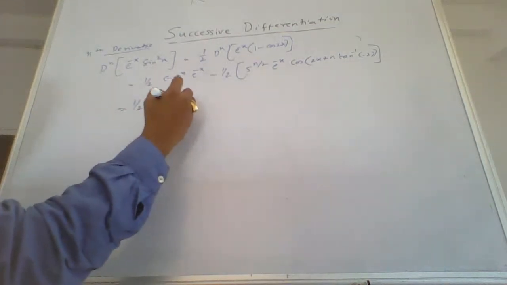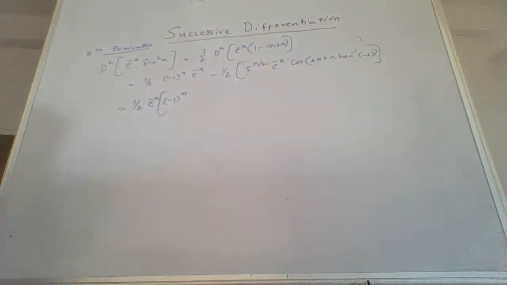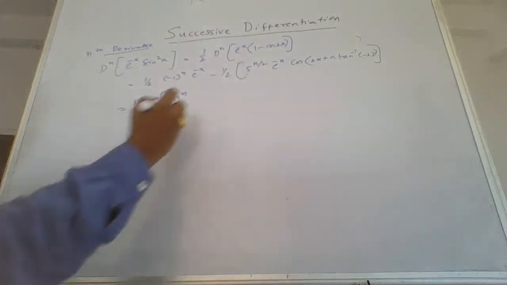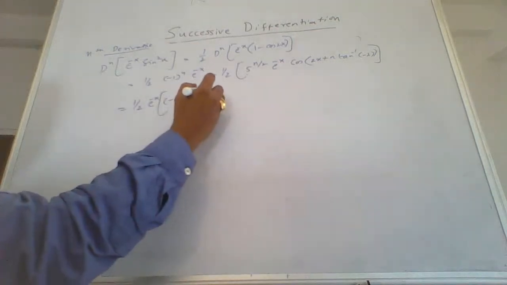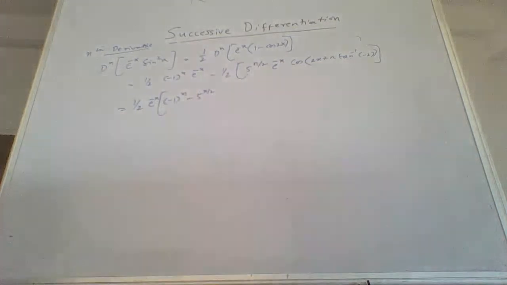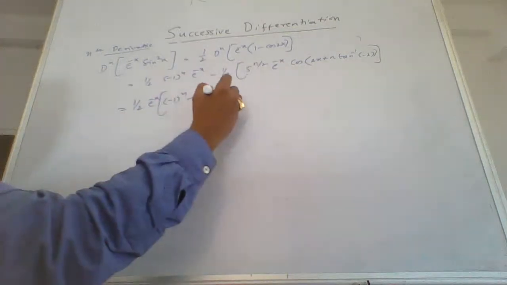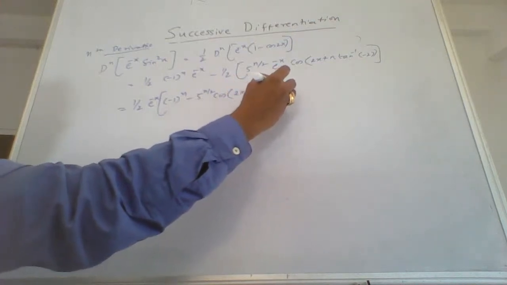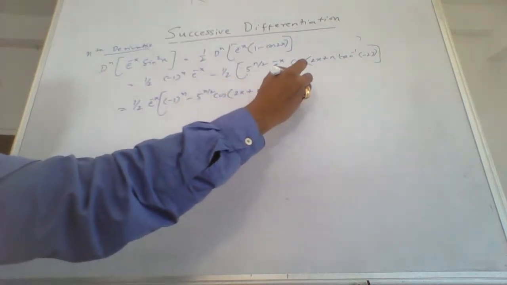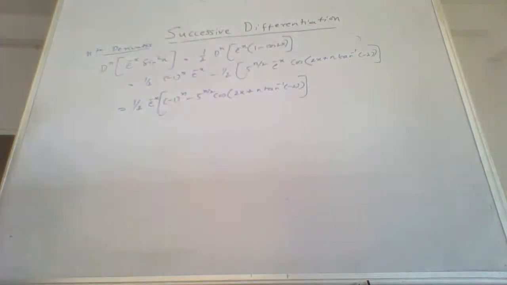I'll be having minus 1 to the power of n, and this will be 5 to the power of n by 2 and cos of 2x plus n tan inverse minus 2. So this will be the nth derivative.